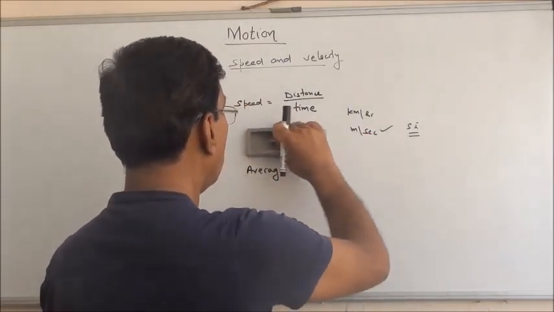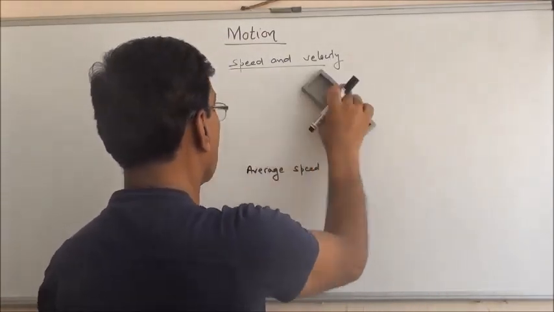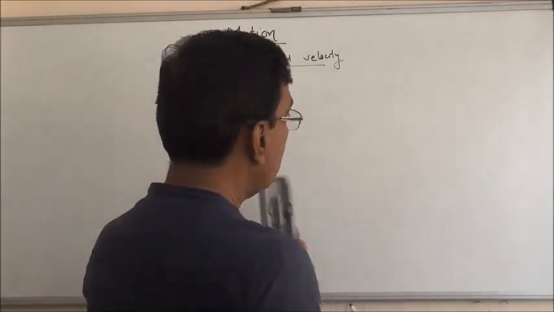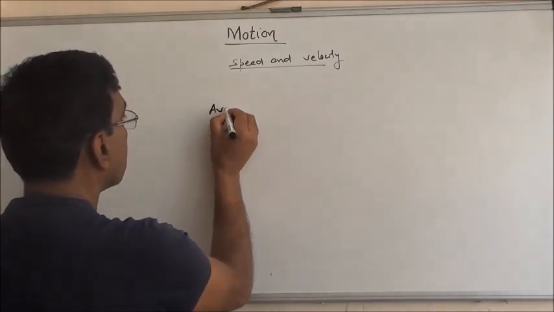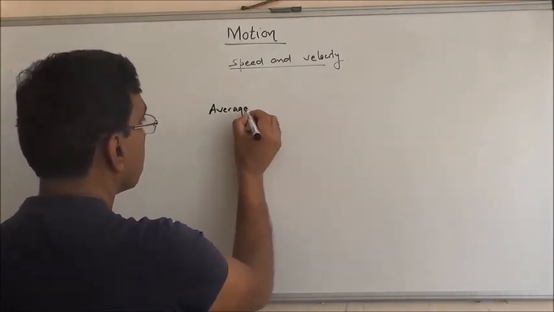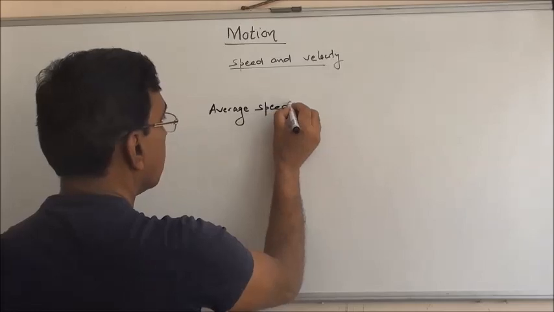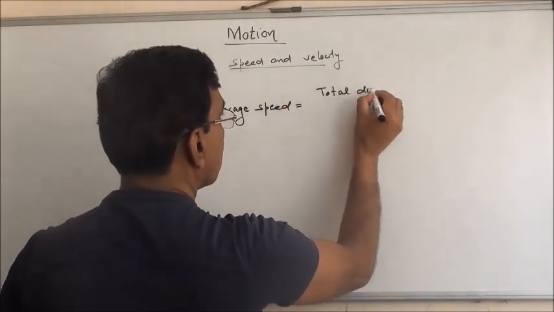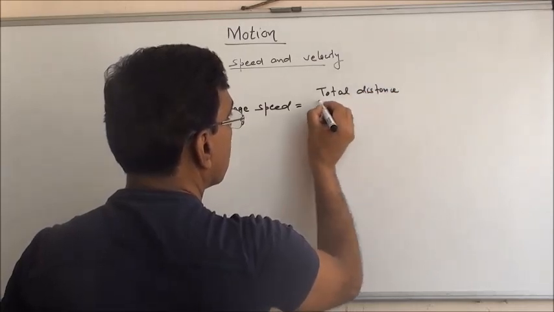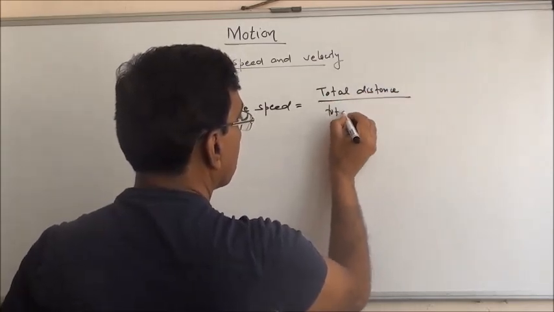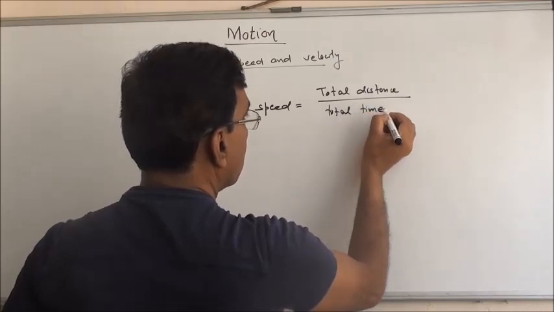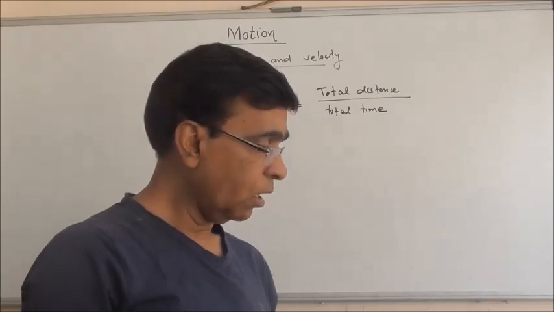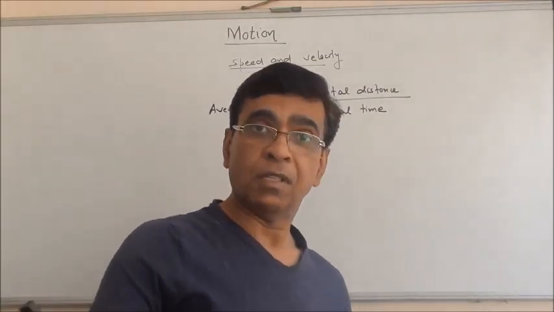Instantaneous speed you will do in detail in higher classes. How do we calculate this instantaneous speed? Here we will do average speed. So average speed is total distance divided by total time taken to cover this distance, irrespective of the variations.